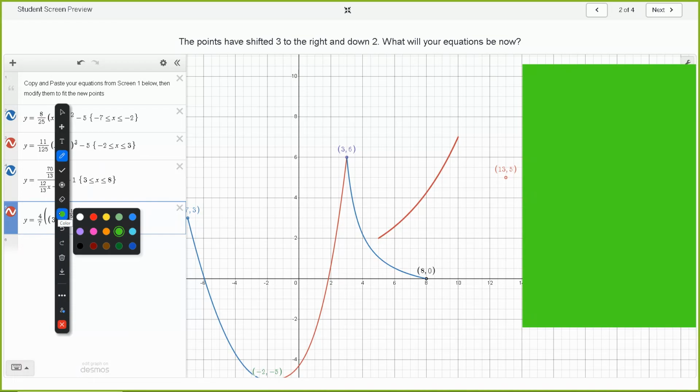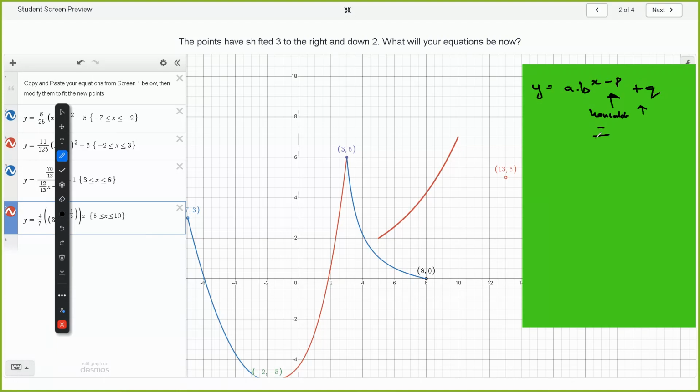Now, if you look at the original exponential function, we had a times b to the power of x minus p plus q, and those 2 points represented the vertical. This was horizontal in the opposite sign, remember that? So negative goes right, positive goes left, and this one here was my vertical translation, vertical shift, where positive goes up and negative goes down.